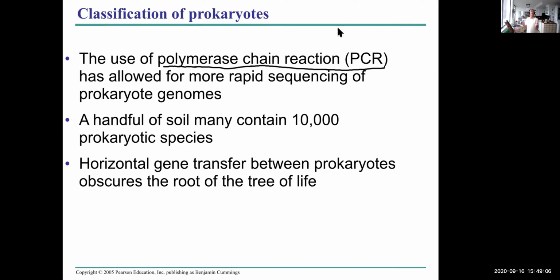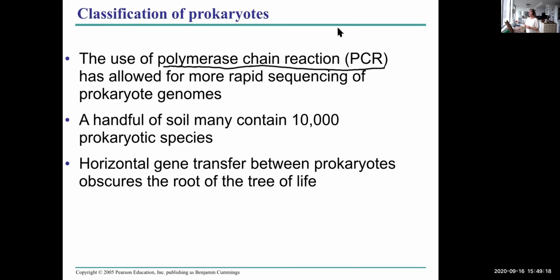Genomes are all the genes within one individual. The human genome was sequenced in 2003, around there. I think it took 10 years. Now you can sequence DNA in a matter of hours, and sometimes less if it's a small genome.